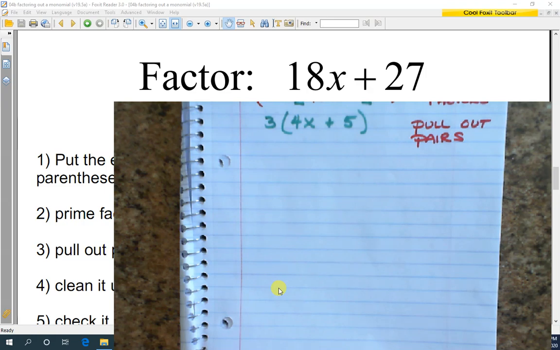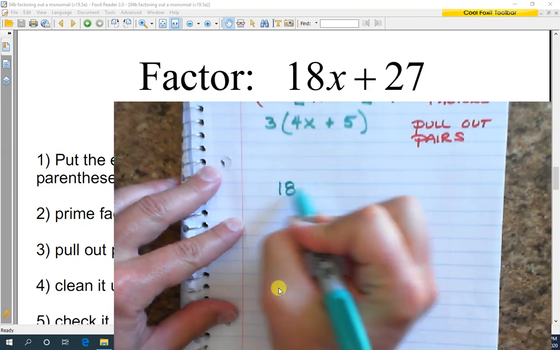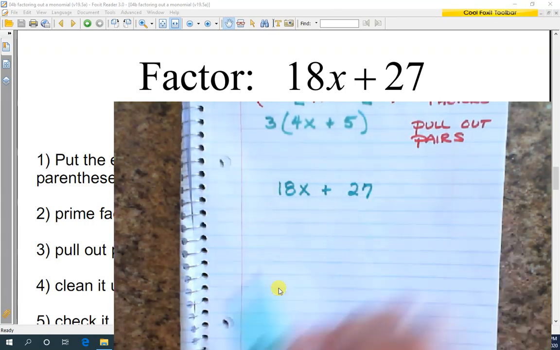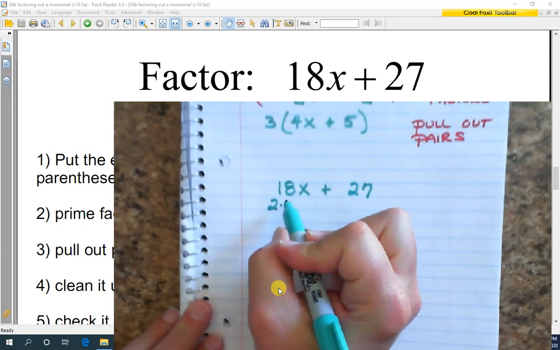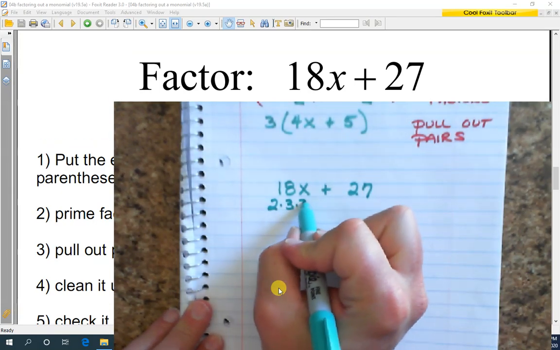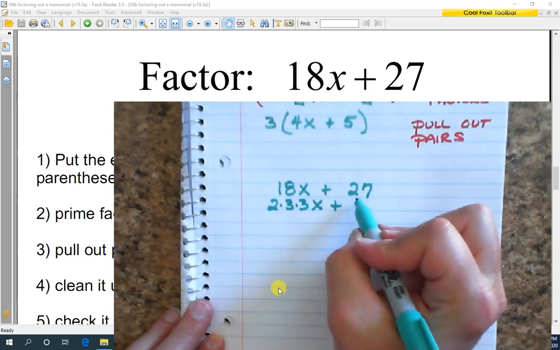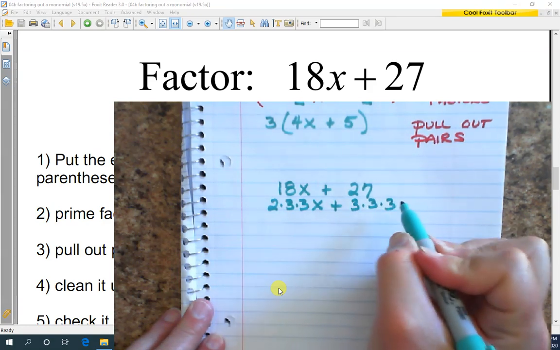So I have 18x plus 27. I have to lay out all the factors. So 18 is 2 times 9, but 9 is 3 times 3x. 27 is 3 times 9, but 9 is 3 times 3.